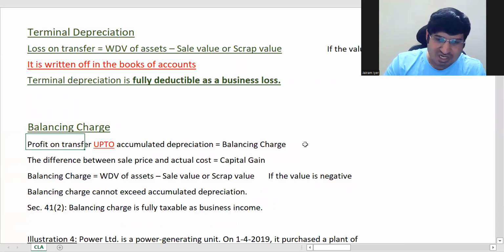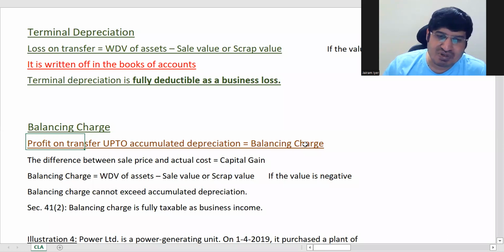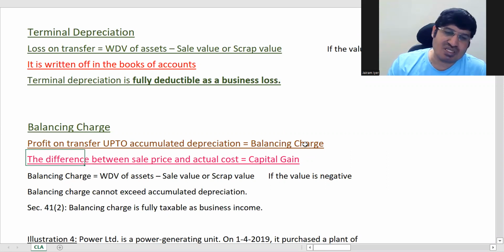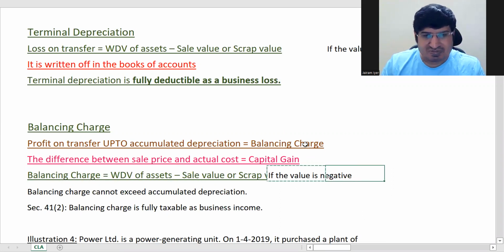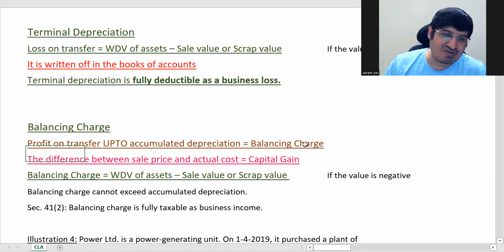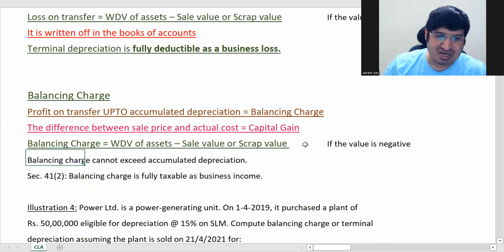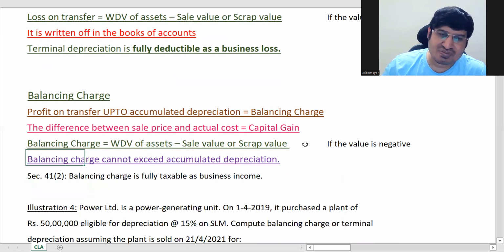So this is the concept of terminal depreciation and balancing charge. What does balancing charge say? Profit up to accumulated depreciation is equal to balancing charge. The difference between sale price and actual cost is capital gain, what I showed just now. Balancing charge is WDV of assets minus sale value, if the value is negative. There are various ways of computing, but that is the main thing. Balancing charge cannot exceed accumulated depreciation, and it is fully taxable as business income.